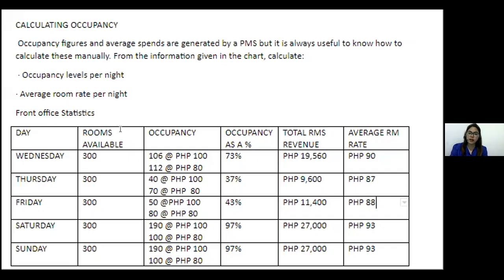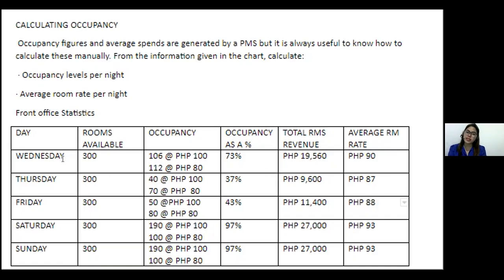Here are the rooms available for each day, and then here is the occupancy for each day, and this is the occupancy percentage, and this is the rooms revenue, and also the average room rate. Okay, here is how we will calculate it.